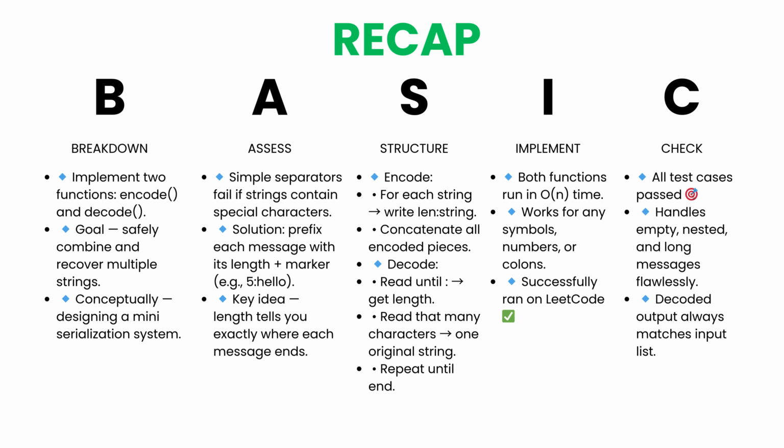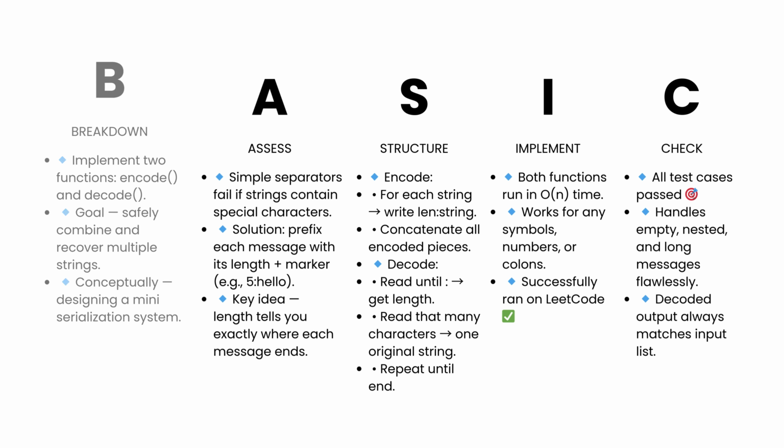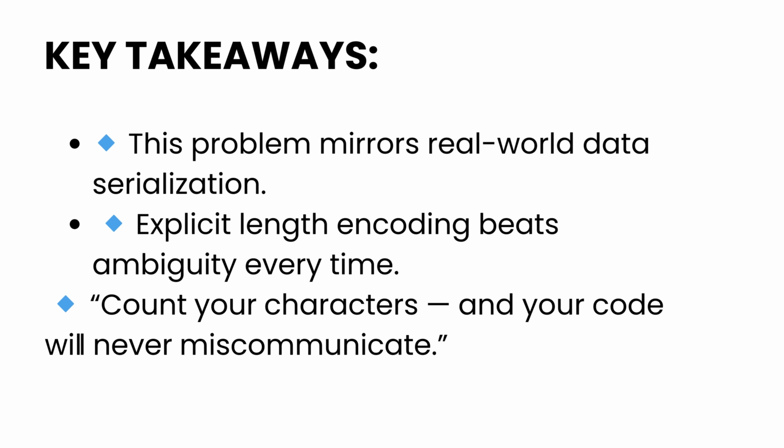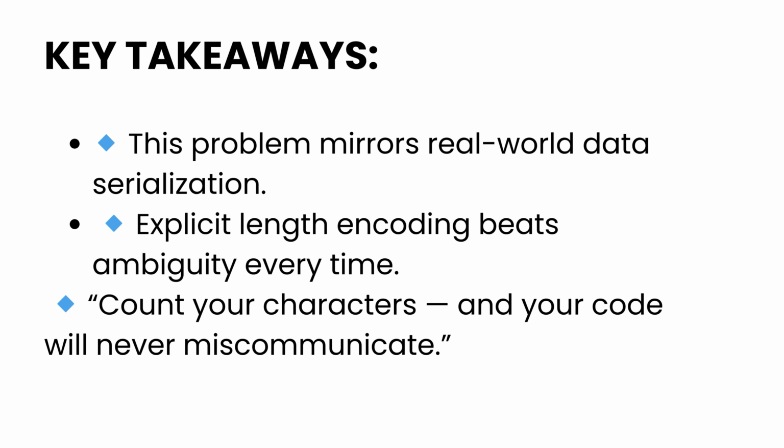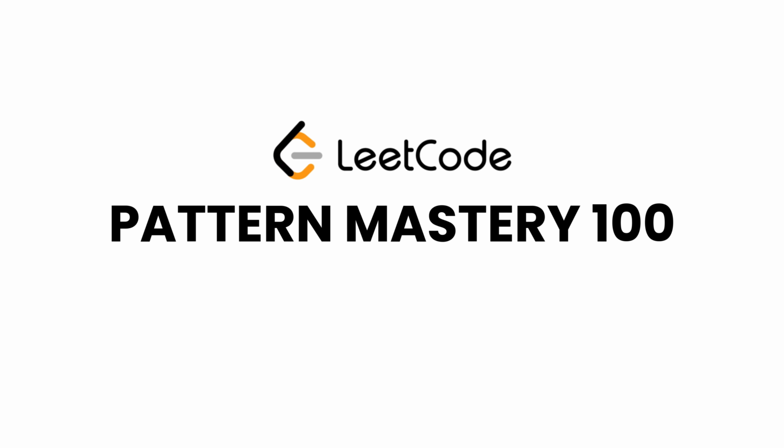In tests, the decoded output always matched the original list, even for tricky inputs like foobar 123. No mix-ups, no data loss. The key takeaway? Always let structure define separation. Prefix-based encoding isn't just a neat trick, it's the foundation of safe serialization in networking, messaging, and distributed systems.